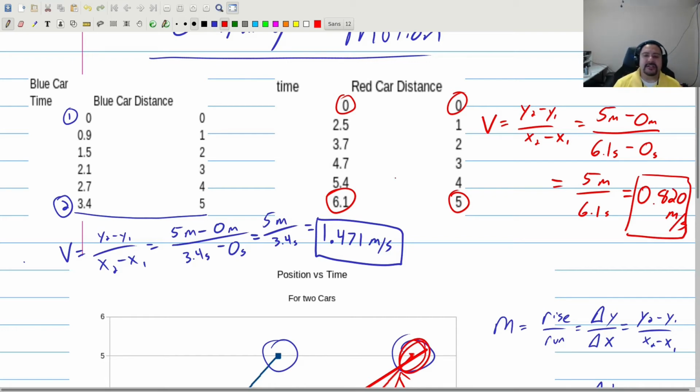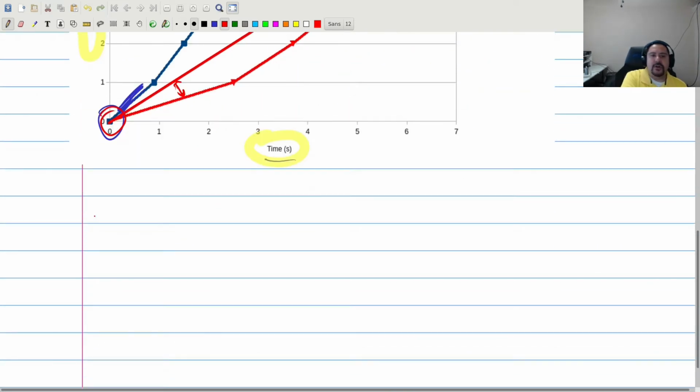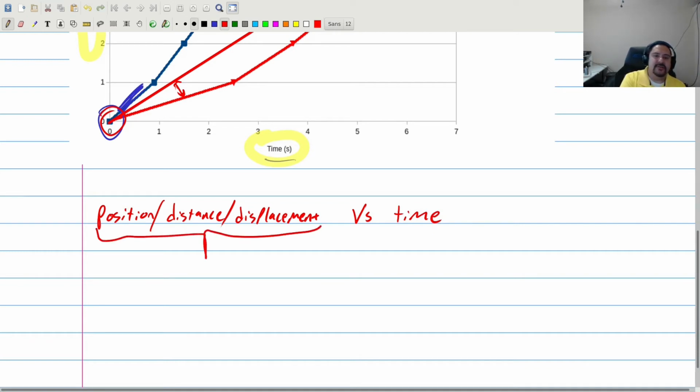So, important thing to remember, number one, if you are graphing position or distance, or maybe even displacement, versus time, if you're making that kind of graph, where position or distance or displacement, since they're all very closely related, is on the y-axis, and time is on the x-axis, for this kind of graph, the slope is speed or velocity.